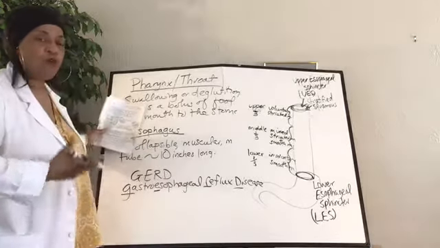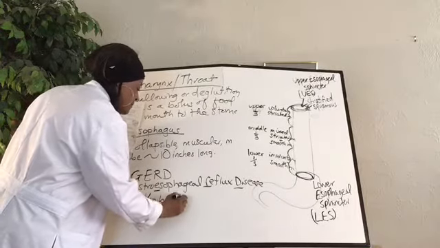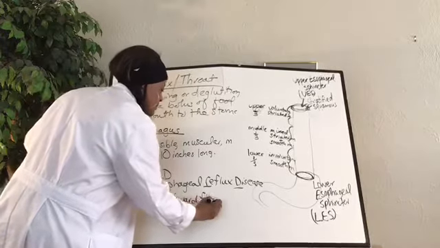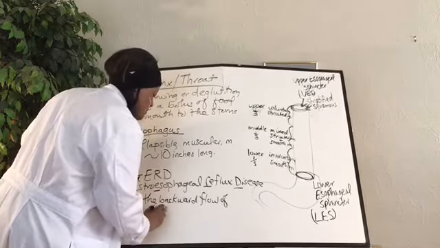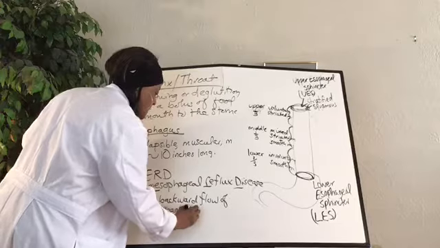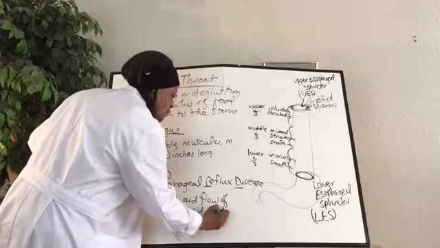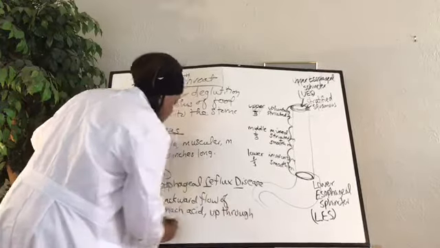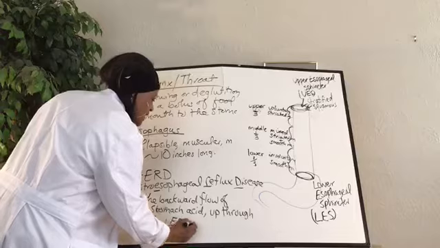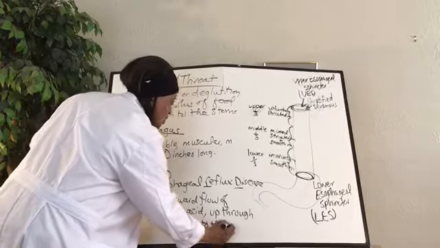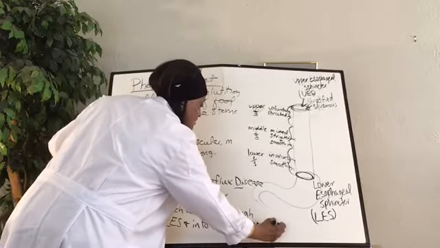This is the backward flow of stomach acid. It goes up through the lower esophageal sphincter and into the lower esophagus. Sometimes it can go up higher, but I'll say just the lower esophagus.